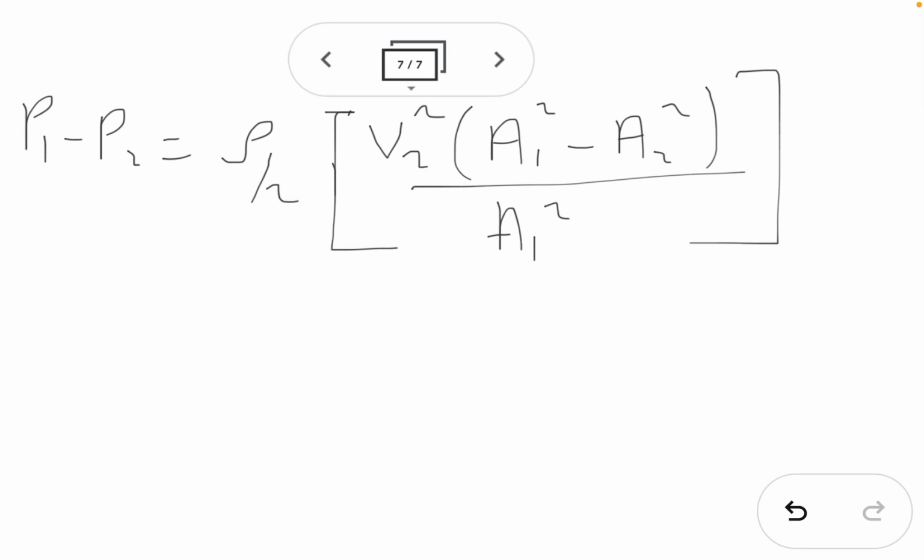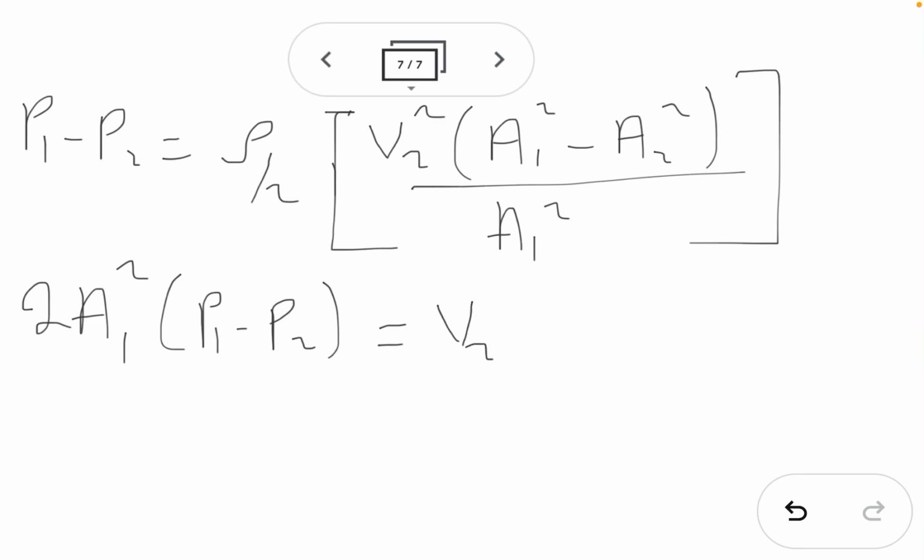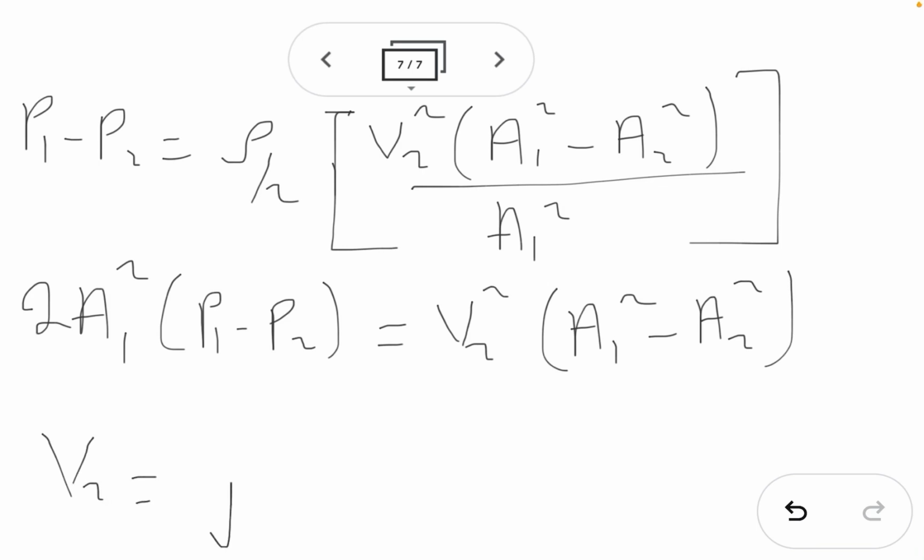So from here now we can easily find an expression for V2. We are going to have 2 A1 squared multiplied by P1 minus P2 is equal to rho times V2 squared multiplied by A1 squared minus A2 squared, from which we are able to obtain V2 as the square root.